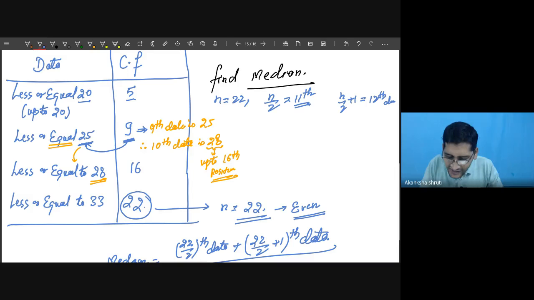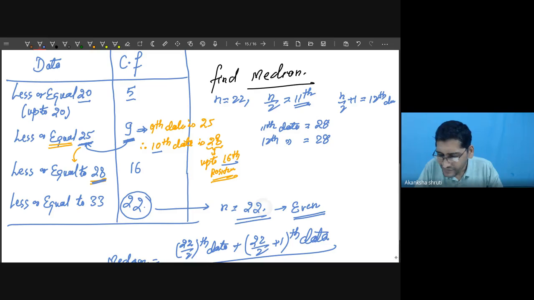So student, the 10th data to the 16th data is 28. It means the 11th data is also 28. Getting? Here I have explained that. The 12th data is also your 28.